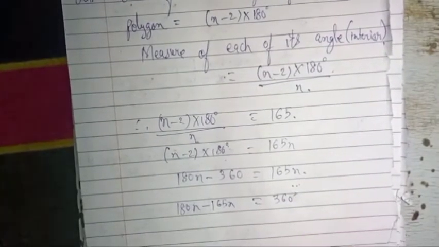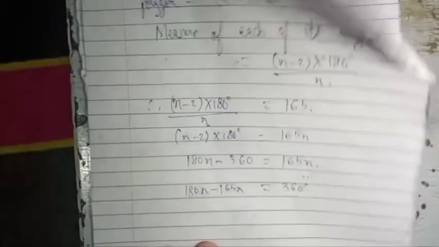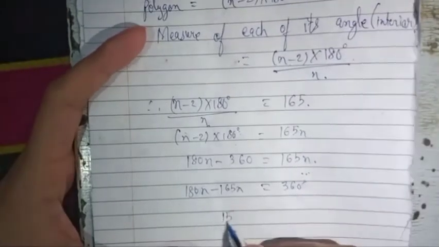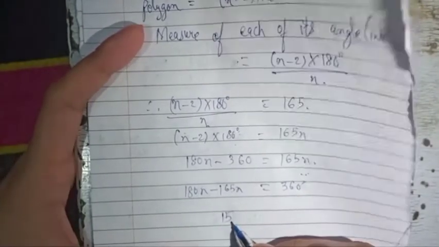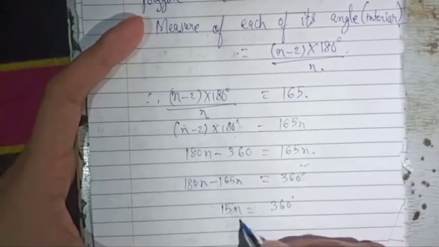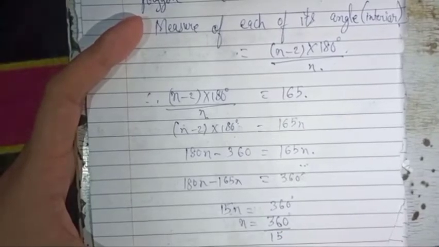So 180 n minus 165 n is 15 n. 15 n will be equal to 360 degrees. So n will be equal to 360 divided by 15.